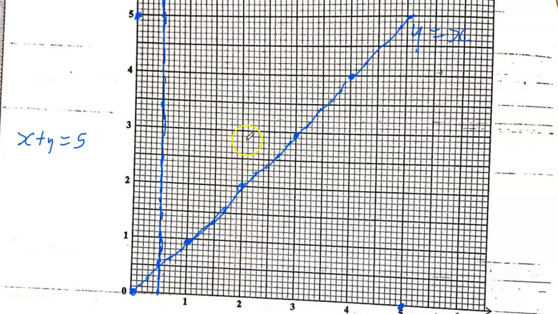I know it passes through the point 2, 3. So let me just draw this line. And this is our line x plus y equal to 5.